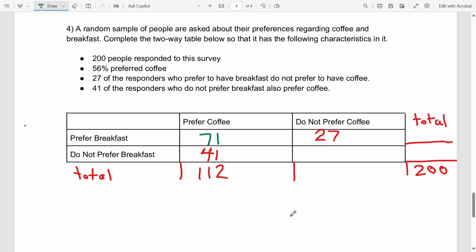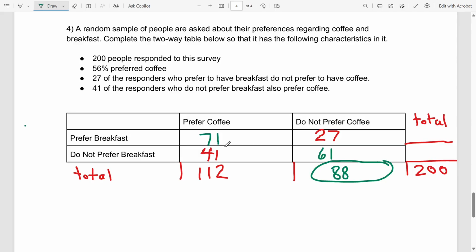And then to get the total here, this amount here, take 200 and subtract 112. That's going to be 88. And to figure out the amount that do not prefer breakfast and do not prefer coffee, we do 88 minus 27. And we get 61.